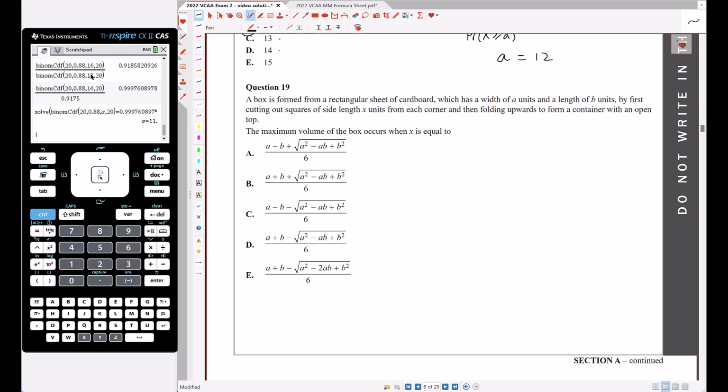Okay, so this is a really standard Year 11 polynomial application question. You've got a rectangular sheet of cardboard. It's just more variables in this one.